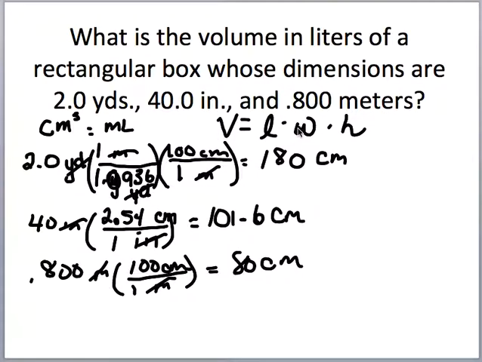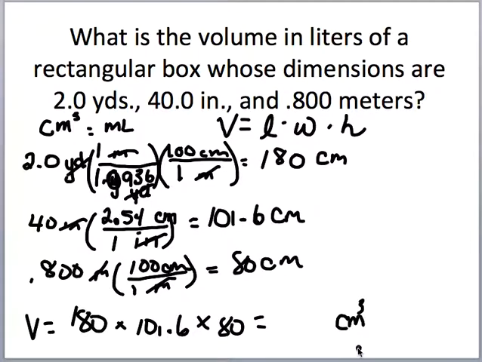So I know my volume equation is length times width times height. So I will take 180 times 101.6 times 80, and I will get some number. That number is not important to me right now, but that will have units of centimeters cubed.